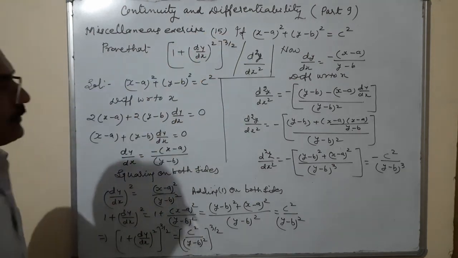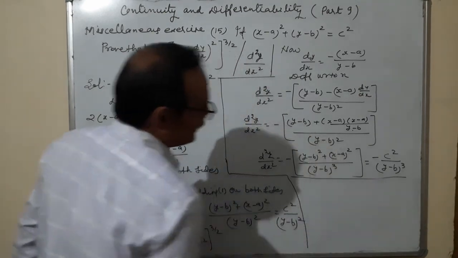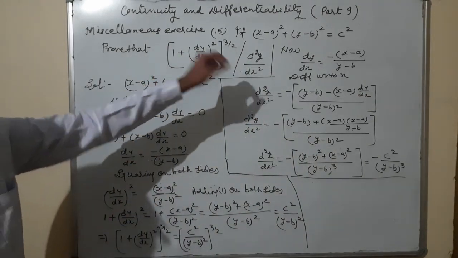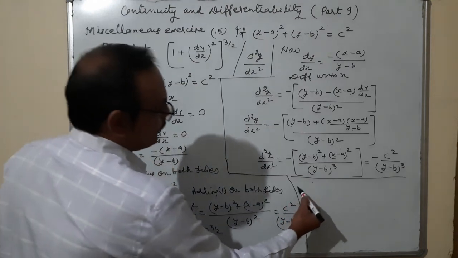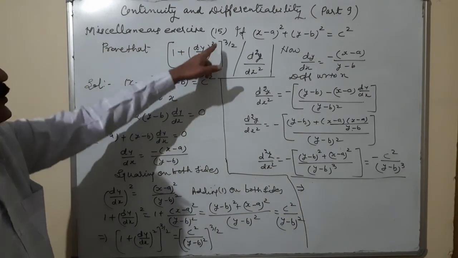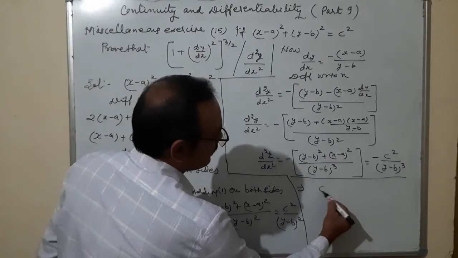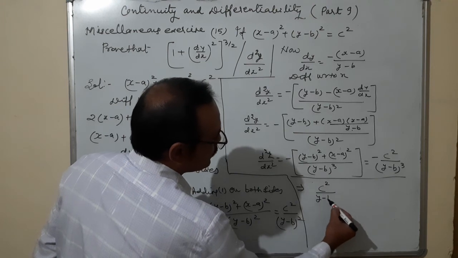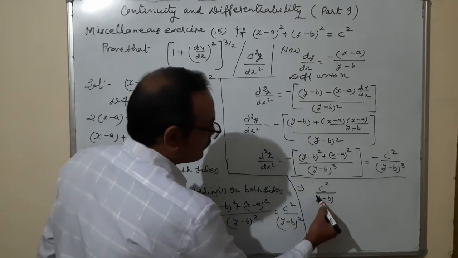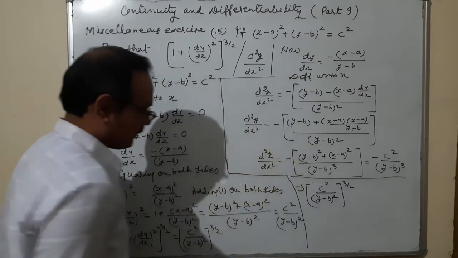Substituting the value here, then what happens? 1 plus (dy by dx) whole square to the power 3 by 2 is equal to c square upon (y minus b) to the power 2, and to the power 3 by 2.